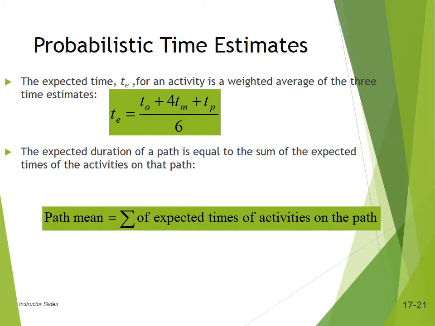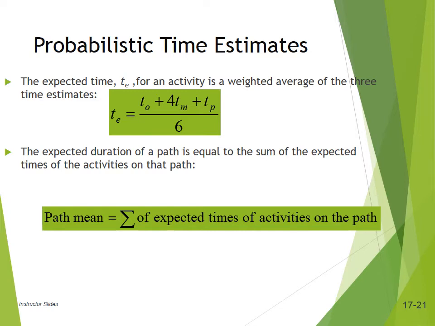You are giving more weightage to the most likely time. So please understand that the 4 is giving more weightage to that most likely time. And if we use this to calculate the time, it would be the expected time. That's what we expect from that activity, or that's the time expectation of that activity.